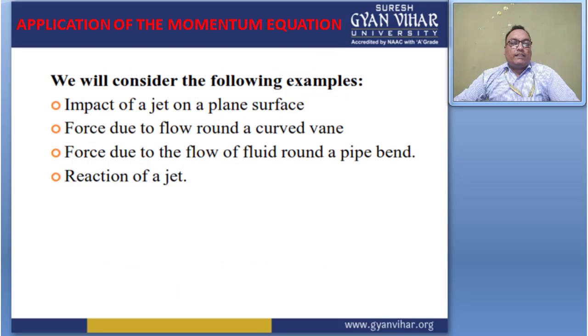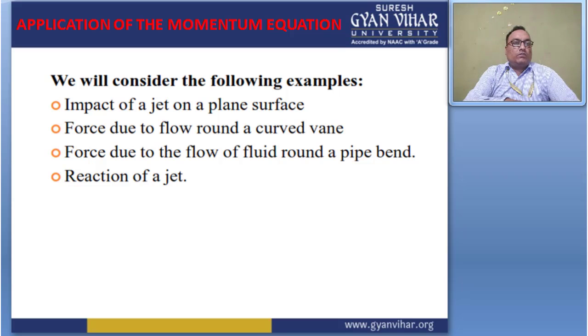These are the applications of the momentum equation. For this application of the momentum equation, we consider different types of examples. First is impact of jet on a plane surface, meaning you take one pipe and create a jet from this pipe, and then this jet strikes on the wall.